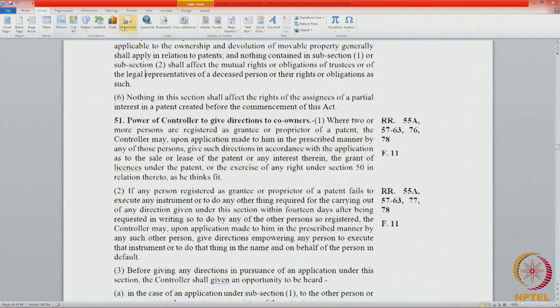Now, what happens if there are disputes between the co-owners? Section 51 gives the controller certain powers to give directions to co-owners.